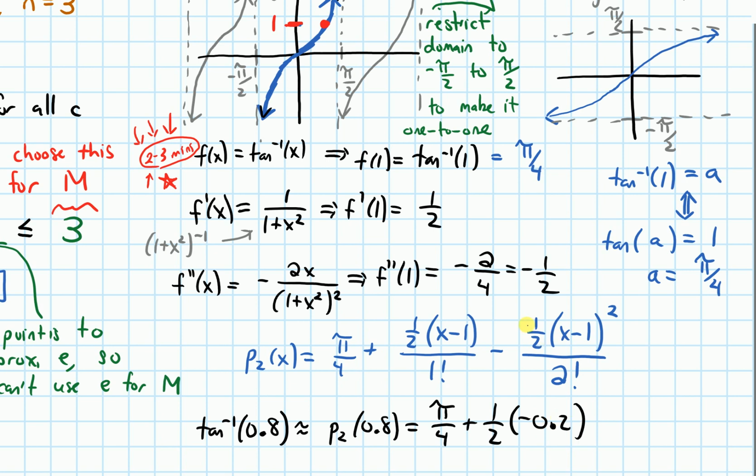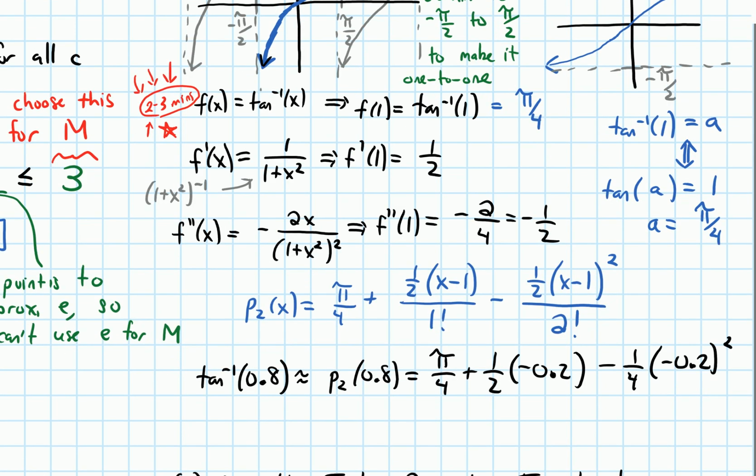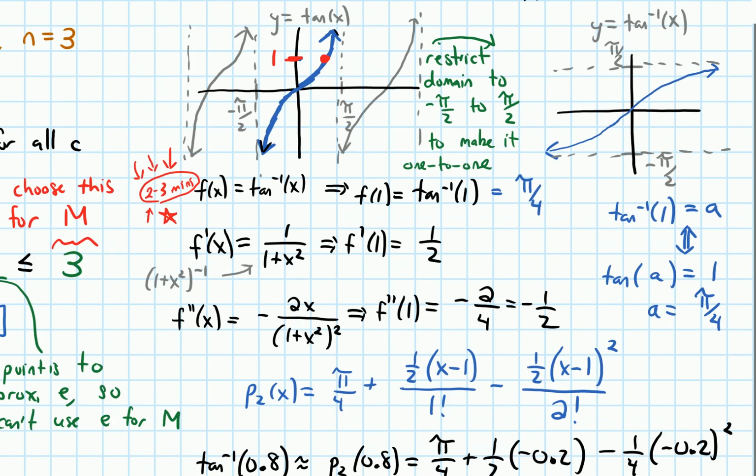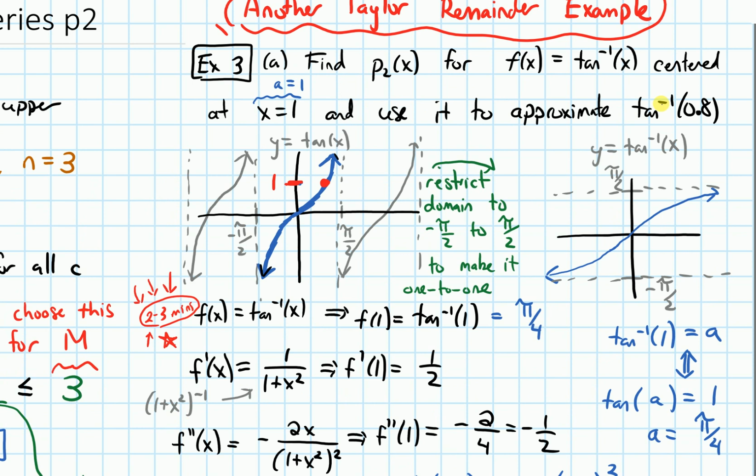And then 1/2 divided by 2 factorial is going to be 1/4, so I end up with negative 1/4 times negative 0.2 squared. Plugging this into a calculator, we get that this is approximately equal to 0.67540 if I round it to 5 decimal places. Okay, so we got our approximation for what tangent inverse of 0.8 is.